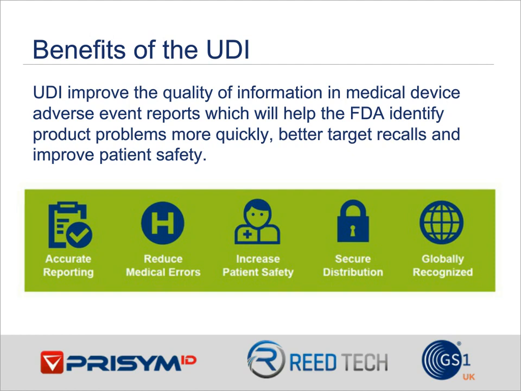They mainly wanted to increase patient safety, secure the distribution, and make sure this had some sort of global recognition. The other thing they wanted was to better monitor the reporting of any adverse events, so that if a product had to be recalled, the GUDID system would make that recall more efficient and thorough.